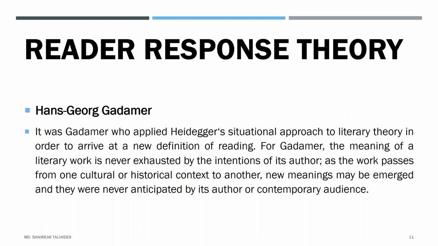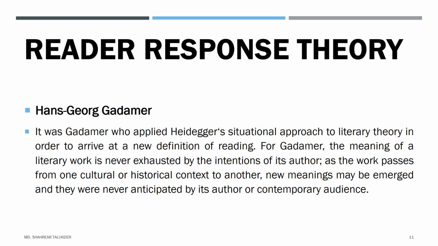For example, a person reading Shakespeare here in Bangladesh and a person reading Shakespeare in England will understand it differently because of the socio-cultural, economic and historical context. From a broader perspective, they are different. And because of this difference, meanings are also different, and meaning will emerge in a different way to different people in different contexts.